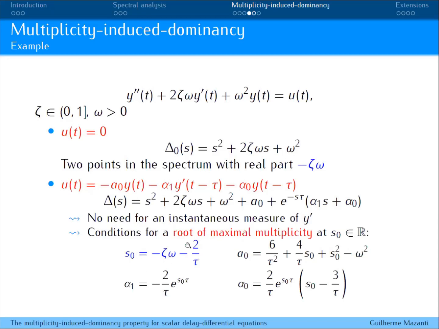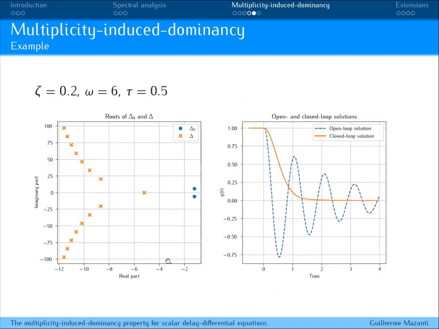So in particular, this is a number that is strictly smaller than minus zeta omega. So if we choose u like this, we're going to converge to the origin faster than if we choose u equal to 0. And the previous result tells us that this value here is the root with largest real part, and so this is going to give us the decay rate of solutions.